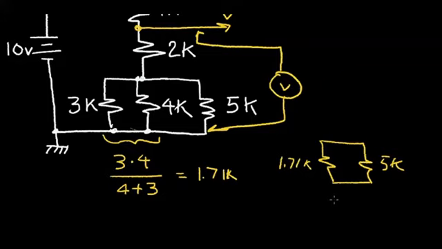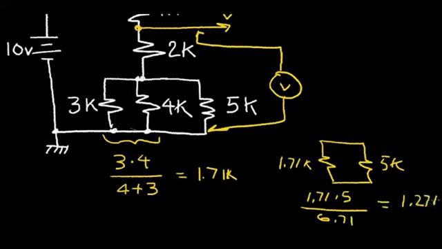So again, we can take the product over the sum. 1.71 times 5 divided by the sum, which is 6.71, and I believe that is 1.27 k ohms. So now we have an equivalent resistance for the three parallel resistors at the bottom.